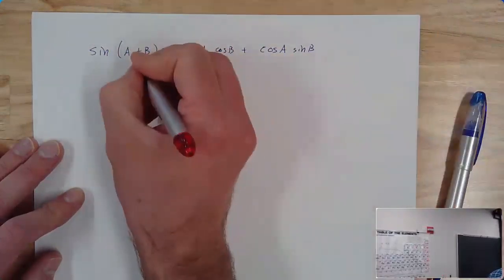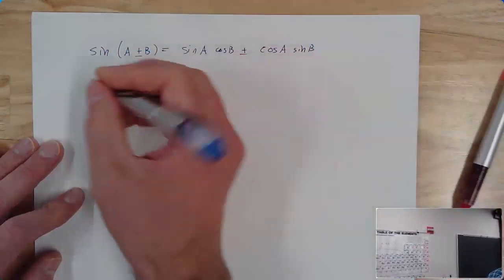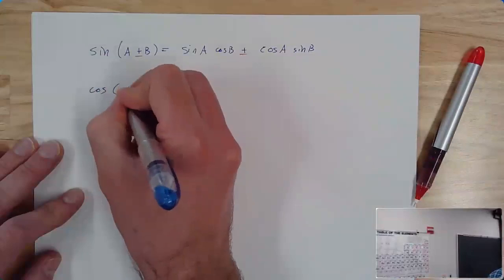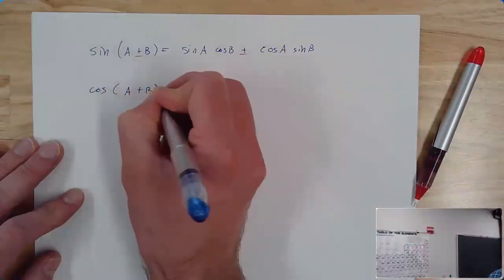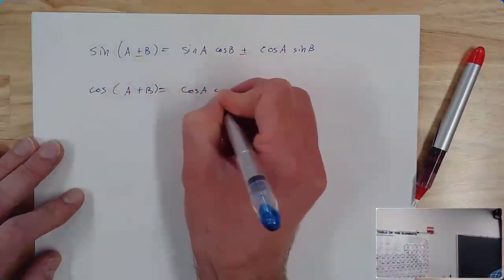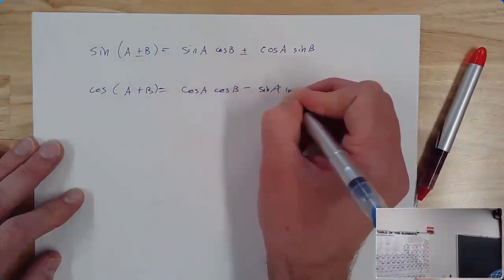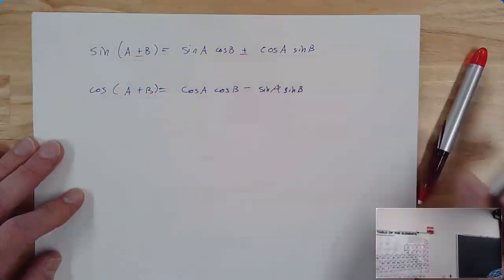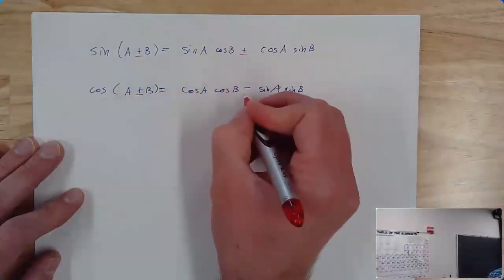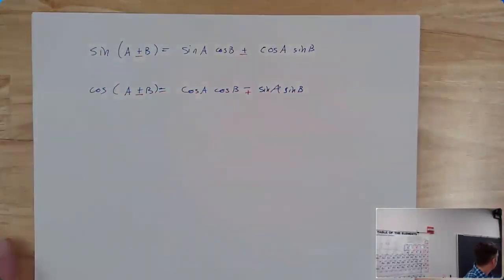And if it's subtraction here, it's subtraction here. And just to be complete, cosine of a plus b is cosine a times cosine b minus sine a times sine b. And then if it's subtraction here, it's addition here. So those are your angle sum formulas.